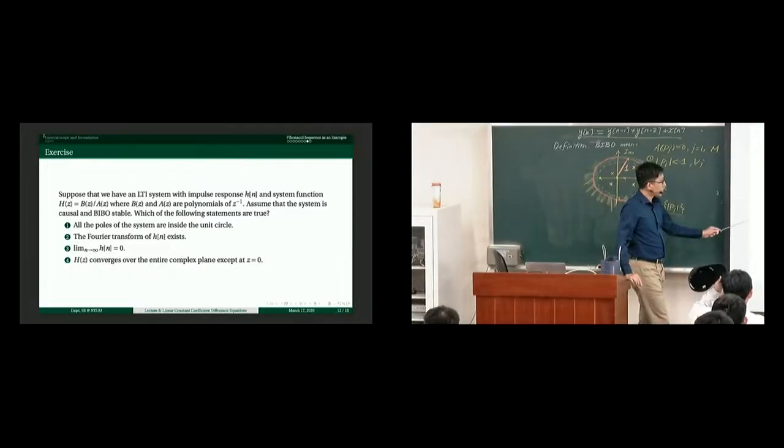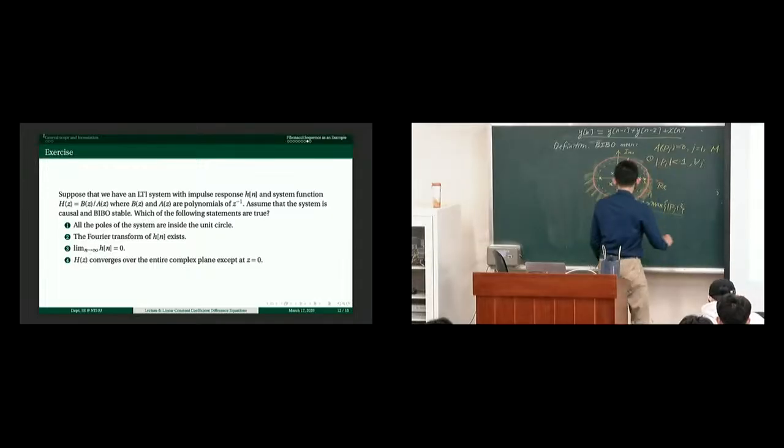So what can we say about the Fourier transform? Can we evaluate the Z transform on the unit circle now? Yes, we can. Therefore the Fourier transform can be evaluated.